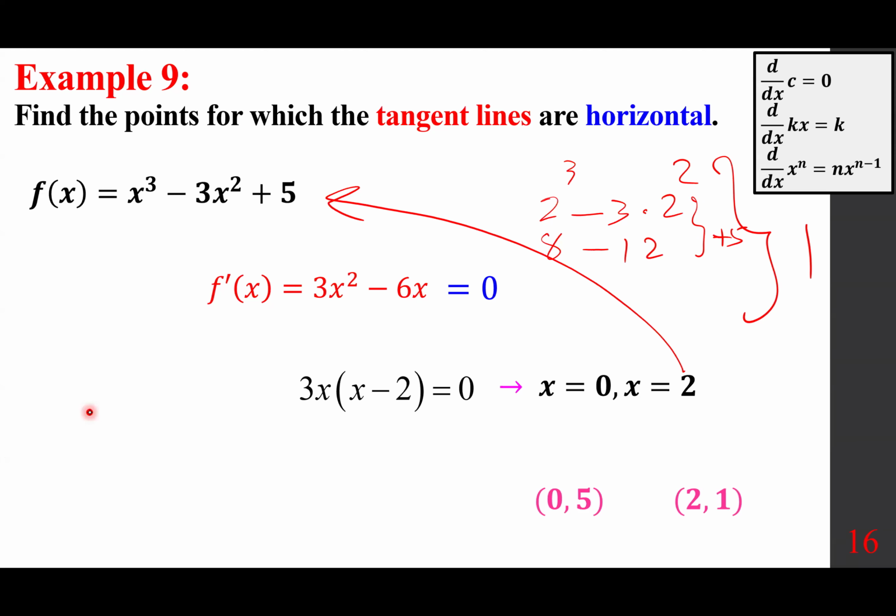It's important to understand. I don't want anybody to be under the assumption this means 0, 2. That's not what it means. X is 0, find the y, you put it into the original function. X is 2, find the y, put it into the original function. There are two points, 0, 5 and 2, 1. Okay, those are the points where tangent lines are horizontal.